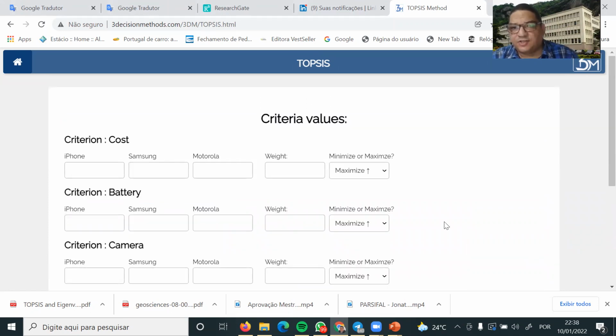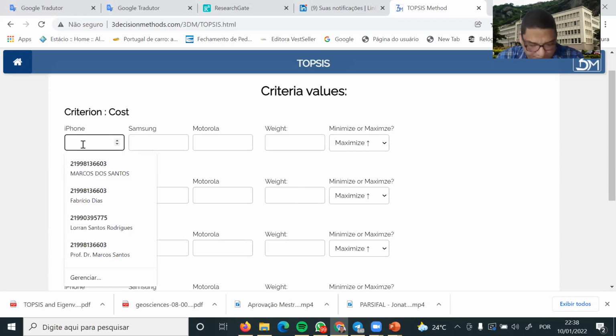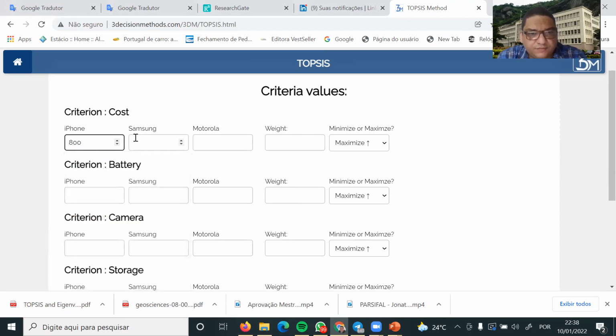And the last step, criteria values. I need to fill out the decision matrix. So, cost: iPhone $800, Samsung $700, Motorola $450.